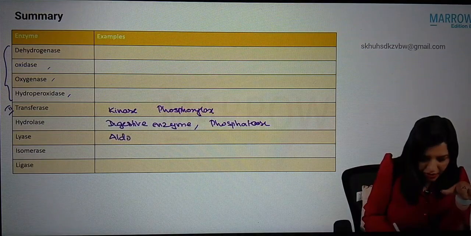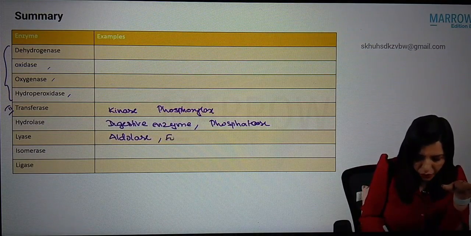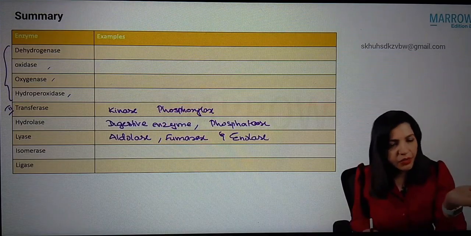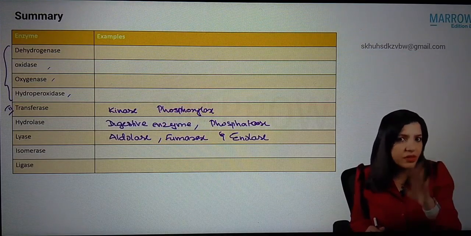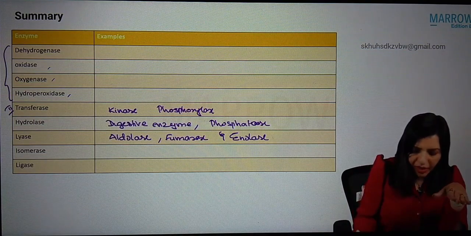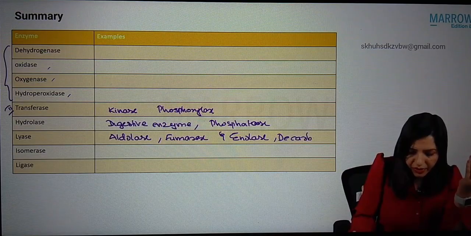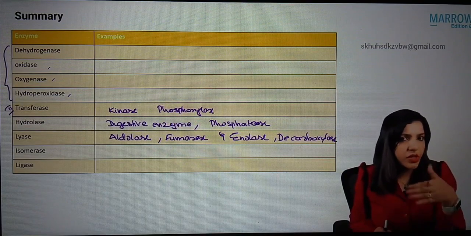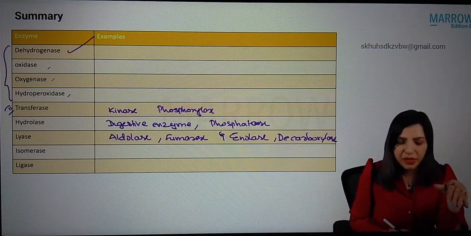One is just cutting of the covalent bond without adding water, aldolase. Then fumarase and enolase, where either atom elimination and forming a double bond, or adding atom across the double bond so that a single bond is formed. So all these are examples of lyase. And decarboxylase also we learn. So under the decarboxylase, we learn the simple decarboxylation. Oxidative decarboxylation is coming under dehydrogenases, which is class 1.